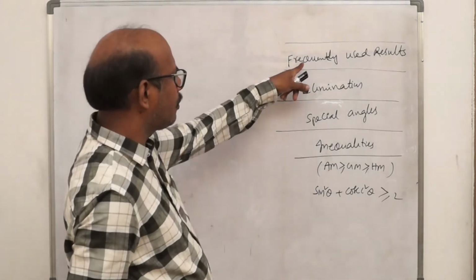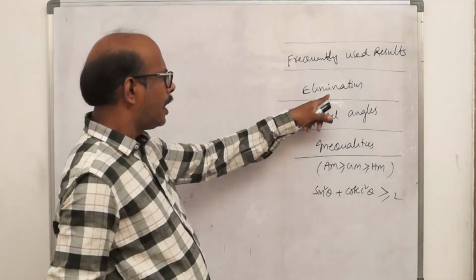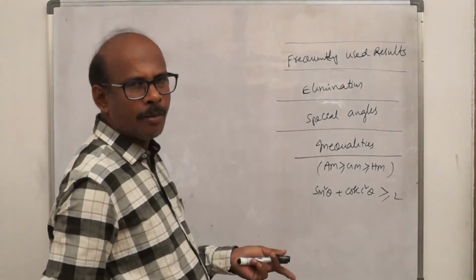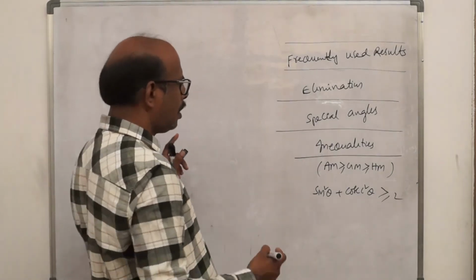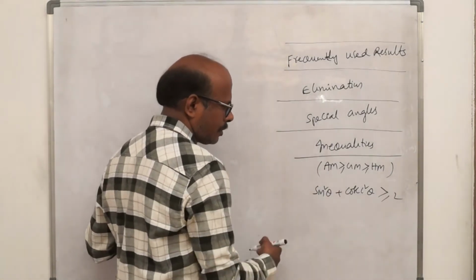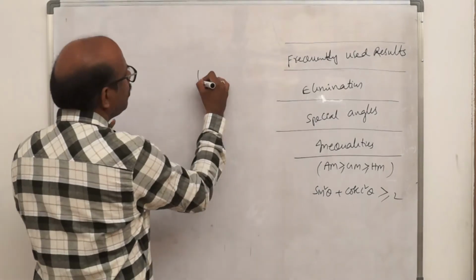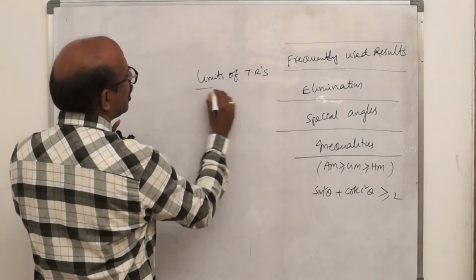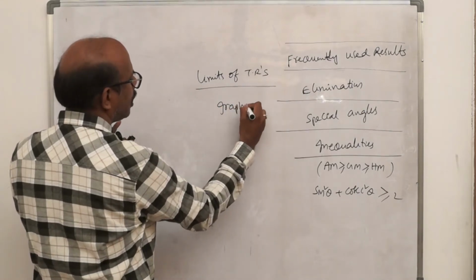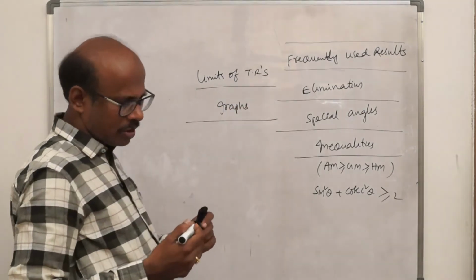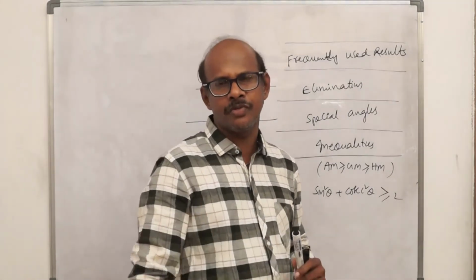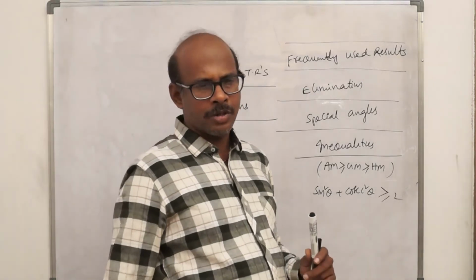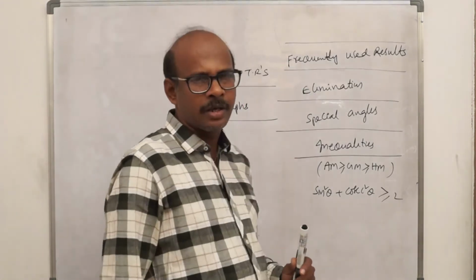Standard results, frequently used results and problems based on them, elimination problems, special angles like supplementary and complementary, inequalities using the AM, GM, HM technique, and limits of trigonometric ratios. From the graphs we can learn many more things, and the use of trigonometry in geometry calculations, in the circle concept, or in finding sectors.